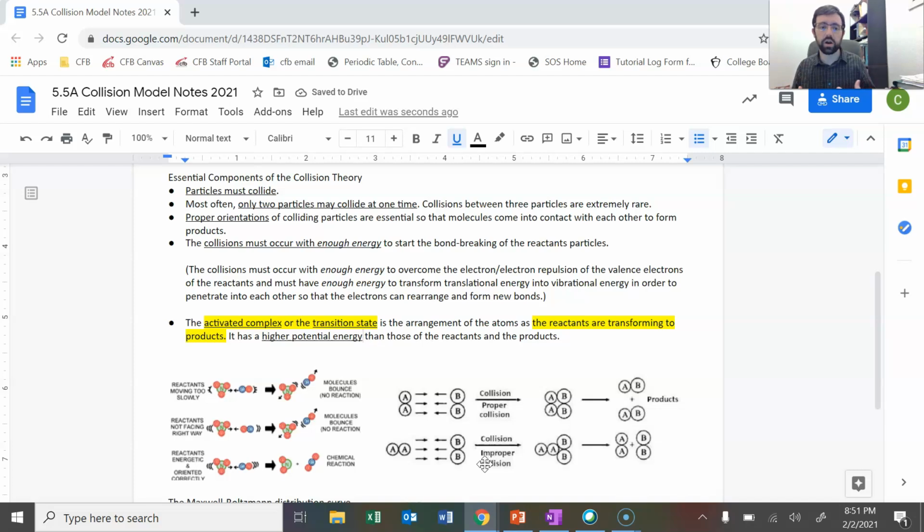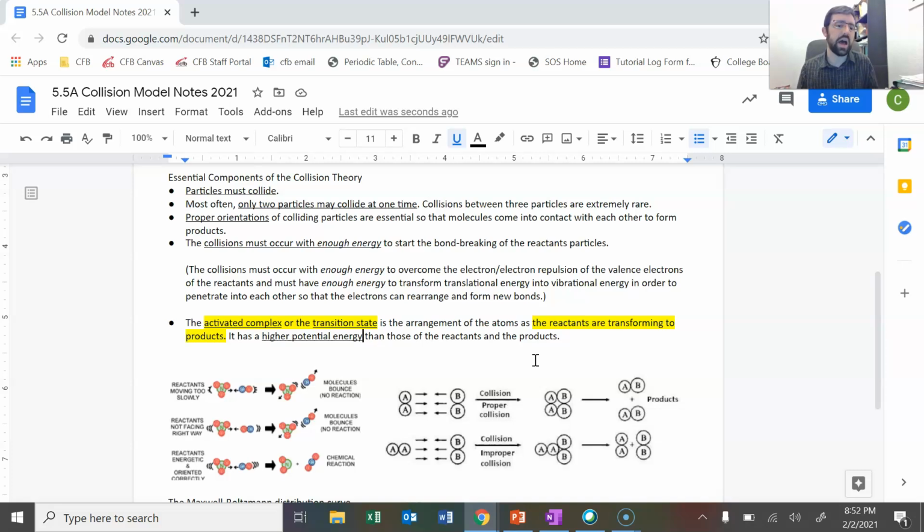The bonds are breaking and new bonds are forming at that moment where it's halfway there, basically. If you look at the diagram down here, this is the transition state. The molecules have collided and they're in the process of transforming into different bonds. This is the transition state, which I'm circling right now with my cursor.